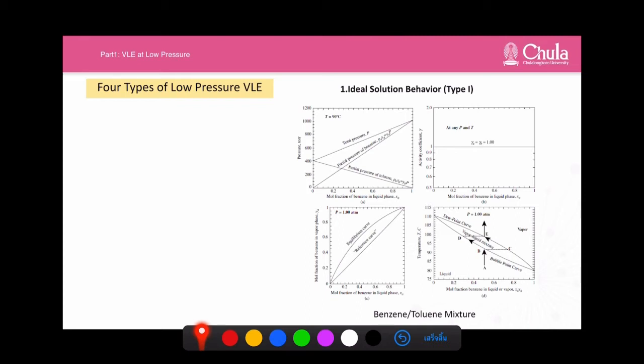We have toluene and benzene in a mixture, and the system behaves as an ideal solution. If you look at the relationship between the mole fraction of benzene in the liquid phase and the mole fraction of benzene in the vapor phase, the equilibrium curve shows like this. And this line is the reference curve or operation line.